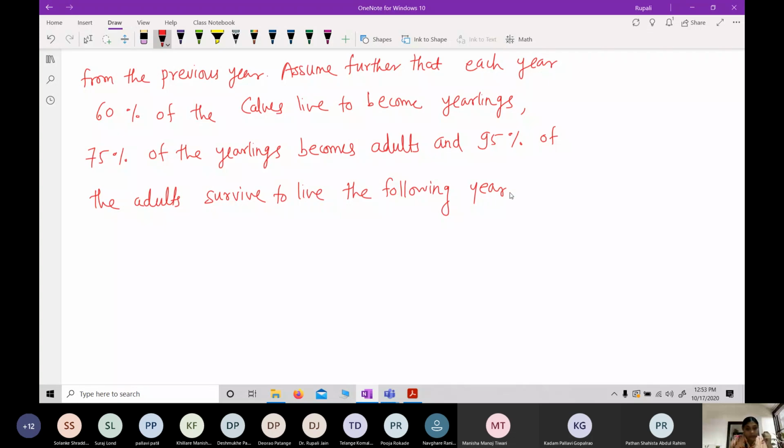Then the population vector u_t satisfies the following linear system, following system of equations.